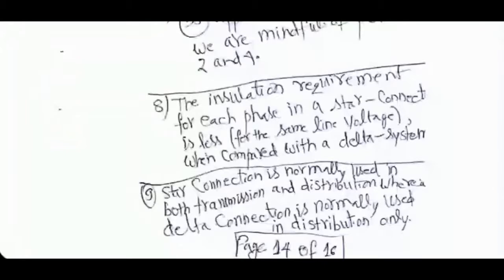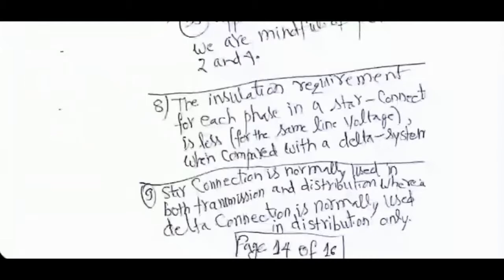So for a given line voltage, generators will have to generate lower voltage, and lower voltage generation means less insulation required. So cost will go down. In a delta-delta system, line voltage requirement is same as phase voltage requirement. So insulation required will be higher, like more material will be required to insulate the wires so that accidents don't happen.